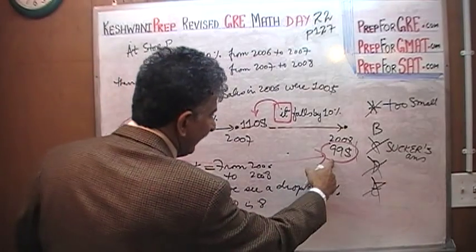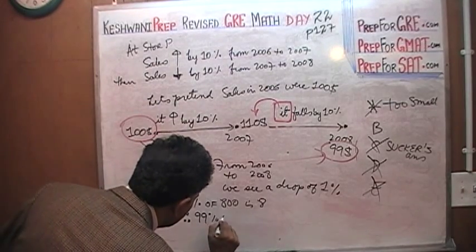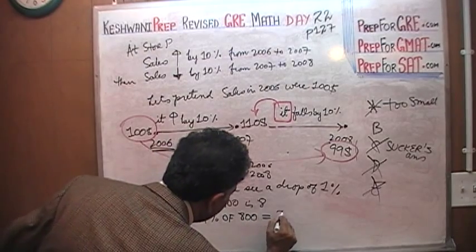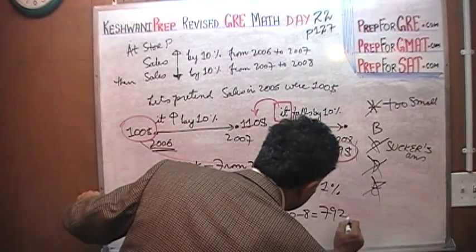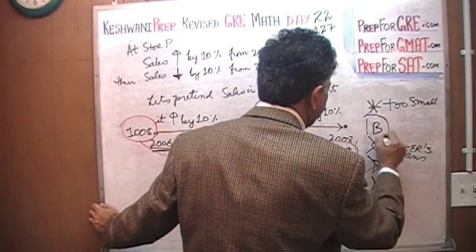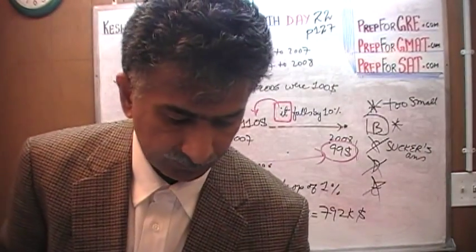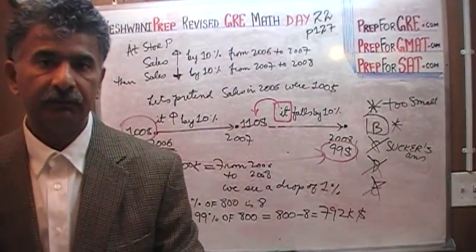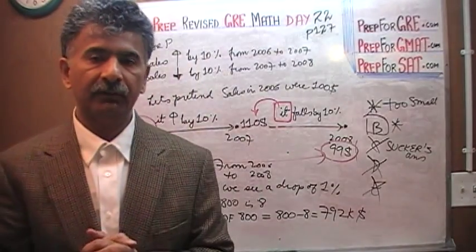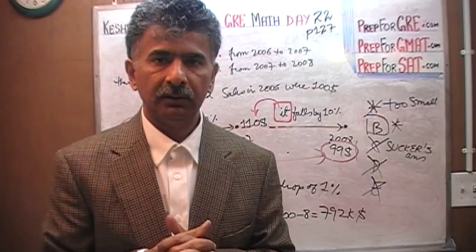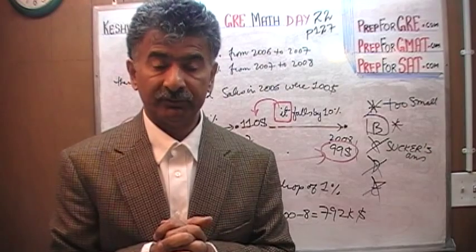So since this is 99%, 99% of 800 equals 800 minus 8, which gets you to 792k, which is your answer B. The final figure is 1% less than the original figure that you started out with, and since the original figure is 800,000, the final figure is going to be 8,000 less than 800,000, because 1% of 800 is 8, because 1% of 100 is 1.